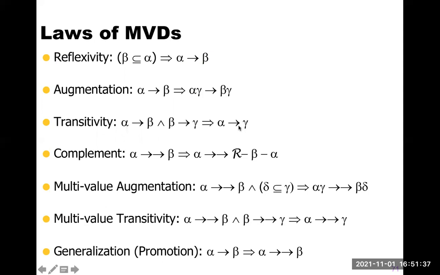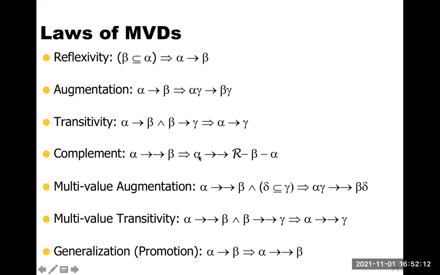Transitivity. So transitive dependency comes from here. Complement, and complementary is for multi-value dependency only. If there is a multi-value dependency from alpha to beta, that means that at the same time alpha and all the remaining columns besides alpha and beta depend in multi-value fashion on the same.